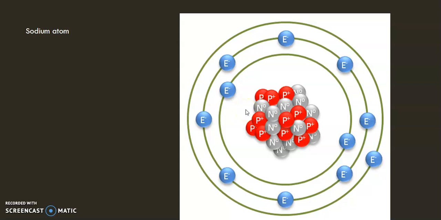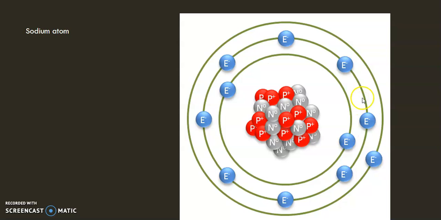And then I have a sodium atom here. These pictures were all from different sources, so they might look a little bit different. Again, this is the nucleus with the protons and neutrons, but we're going to count the electrons here. Sodium actually has 3 electron shells. The innermost one has this electron and that electron, so it's full.